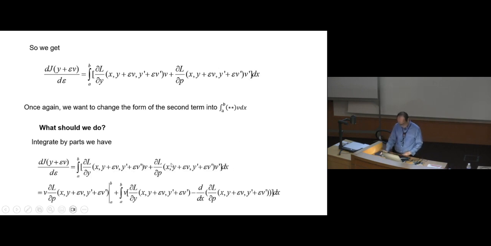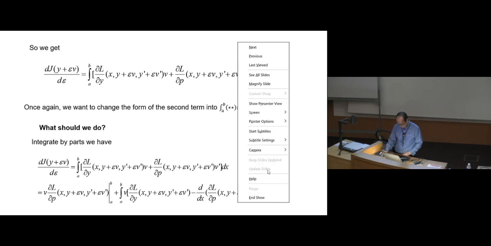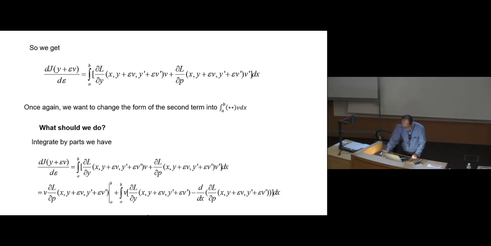All right, so this is where we are. This one, with integration by parts: first, the total integral is this one times v, v times the derivative dL/dp, evaluated from a to b.